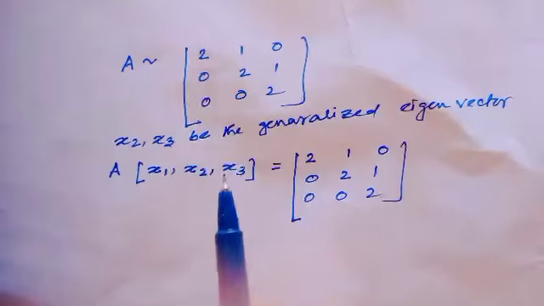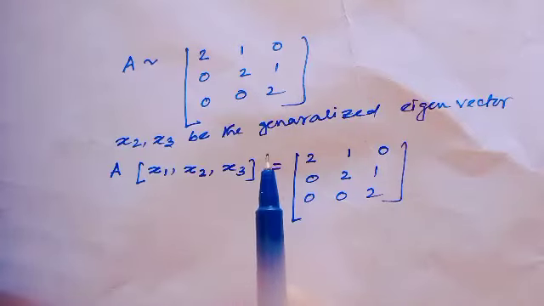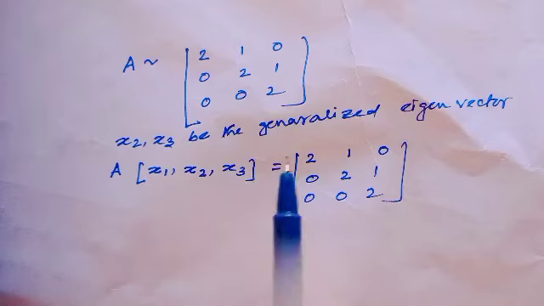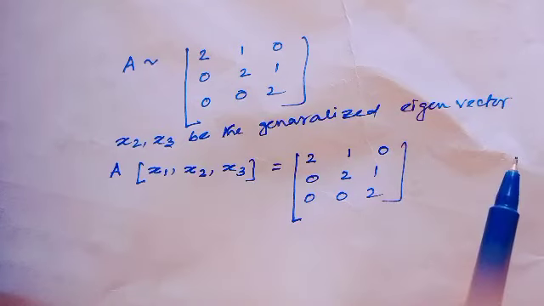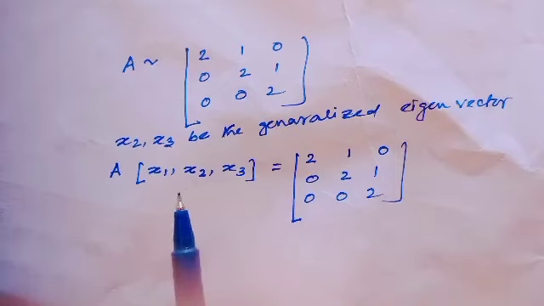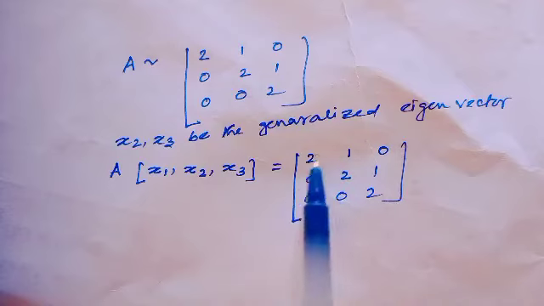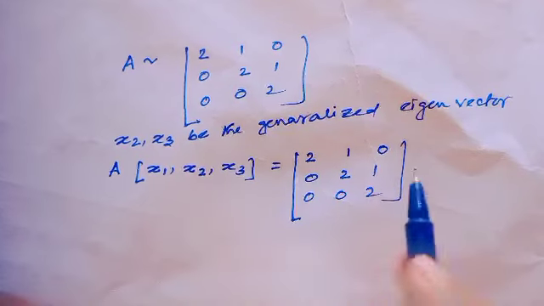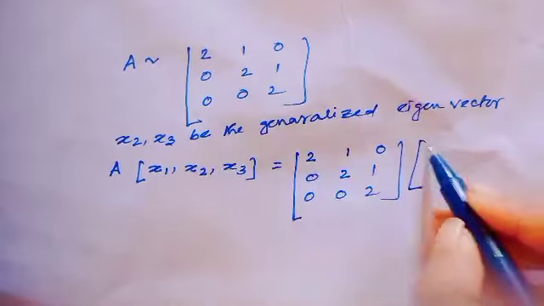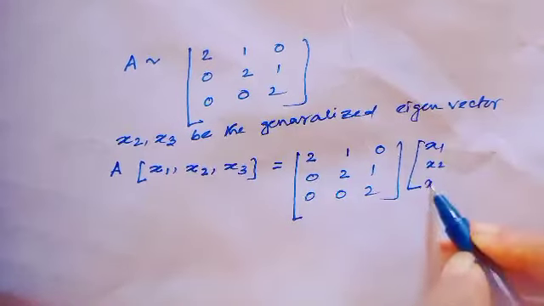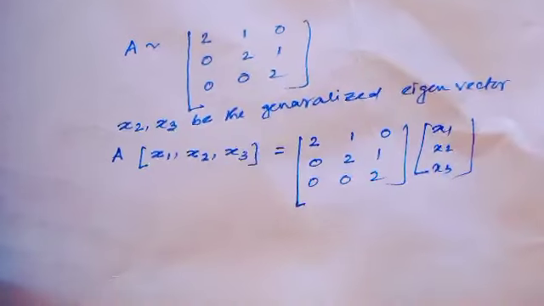Now I will prove how x2 and x3 are generalized eigenvectors. For this, A times (x1, x2, x3) equals the matrix times (x1, x2, x3).